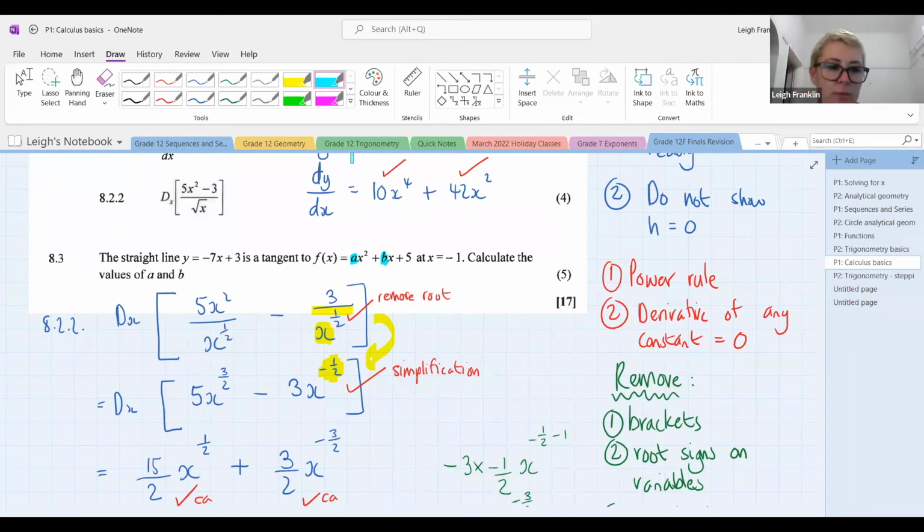Is everybody happy that we are talking about a straight line and a parabola, and we know what the x coordinate is at the point of tangency? All right, lovely. So we understand the information that we've been given.